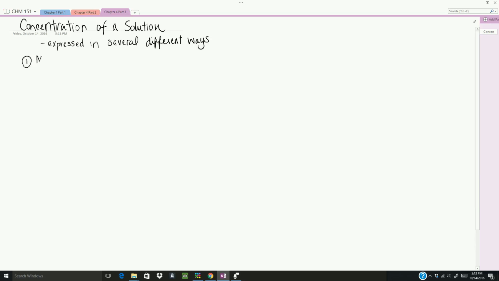So molarity is abbreviated with a capital M, and it is equal to moles of solute per volume of solution in liters.